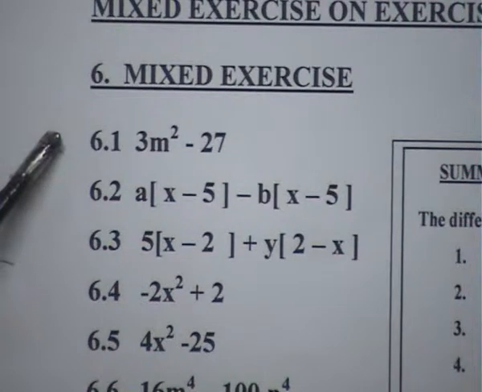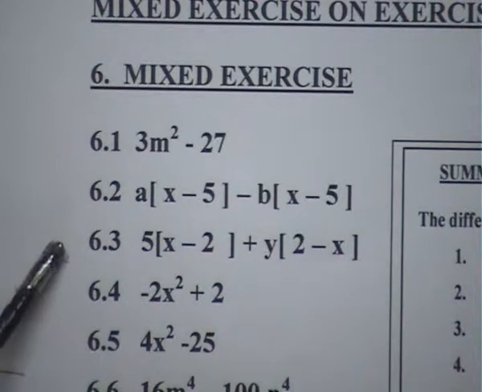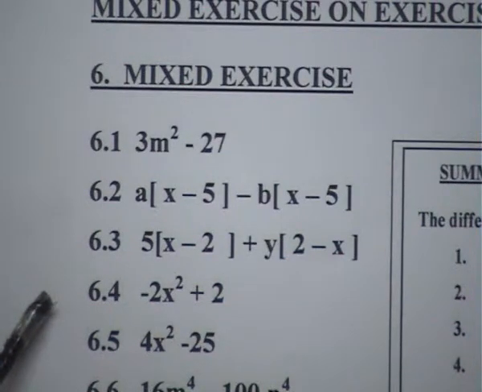Then after that it will be a difference of 2 squares. 6.2, it's got a common factor. 6.3, it's got a common factor inverse type. 6.4, it is far better for you to take out -2 as a common factor. After you do that, you'll have a difference of 2 squares.